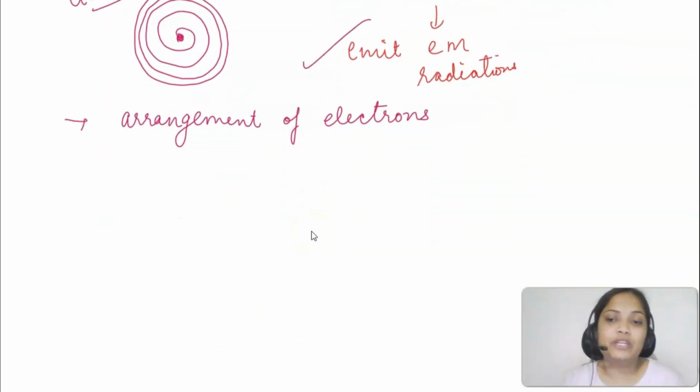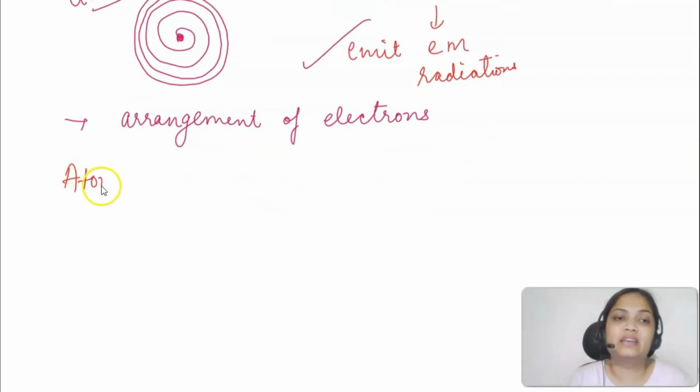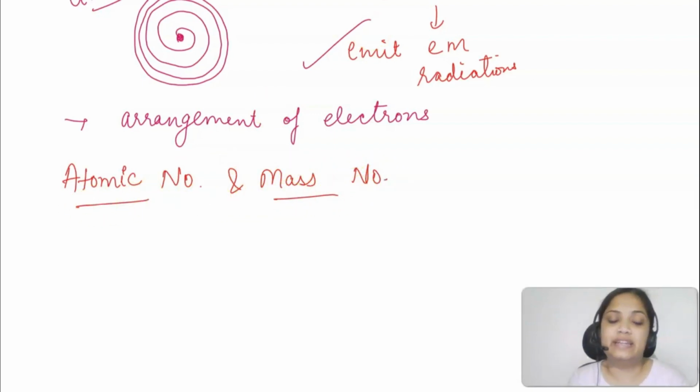Now the next point is, we will be talking about some basic things before we study the Bohr's atomic model. So it's atomic number and mass number. So you know, actually students, this you have already studied. I'll just give you a recap of what it is.